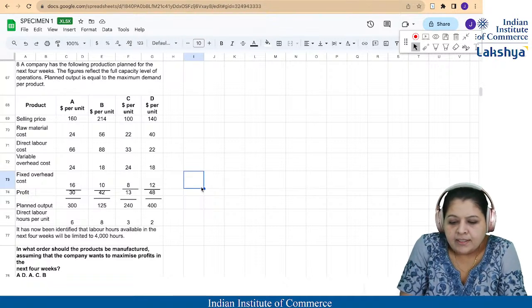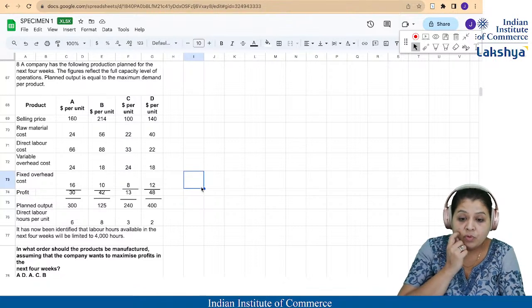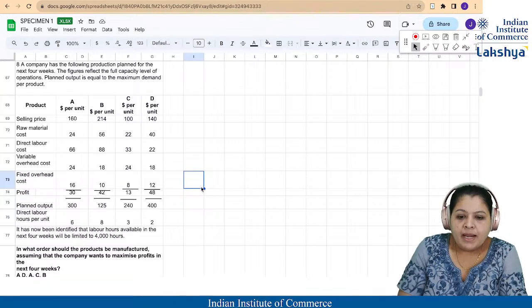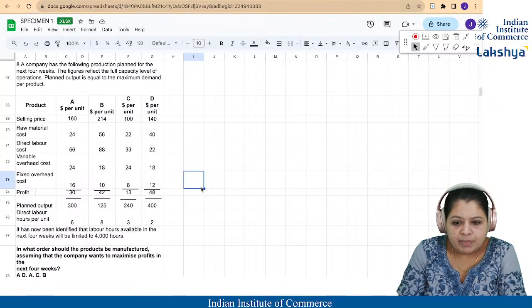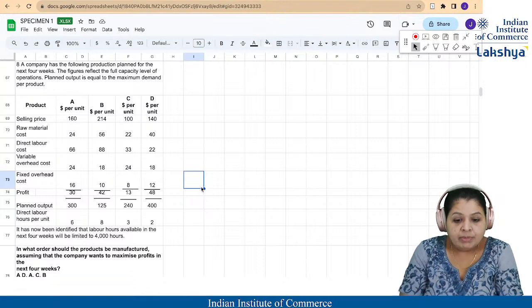A company has the following production planned for the next 4 weeks. The figures reflect the full capacity level of operations. Planned output is equal to the maximum demand per product. Then you have your four products, the selling price, raw material, direct labor, variable overhead cost, etc. Planned output is given, direct labor hours per unit is given. It has now been identified that labor hours available in the next 4 weeks will be limited to 4,000.